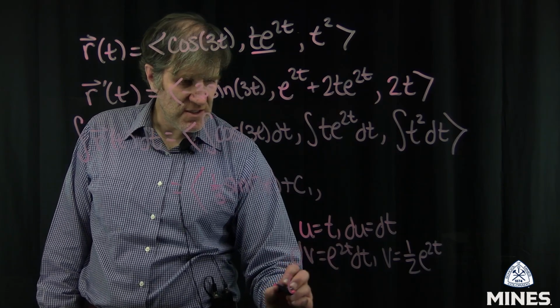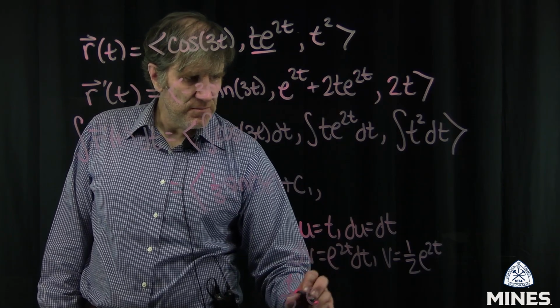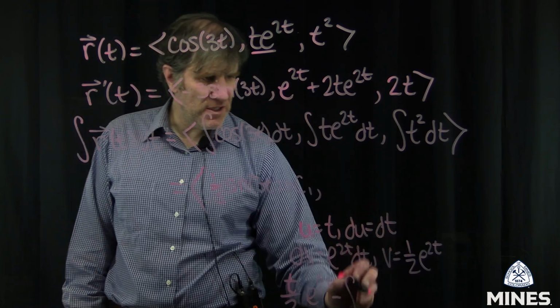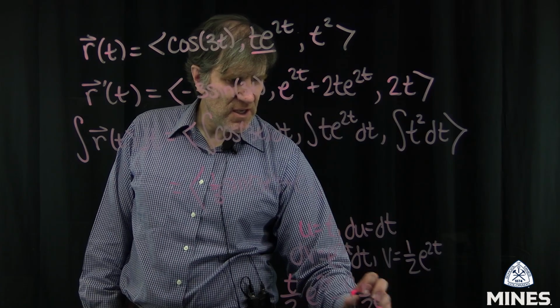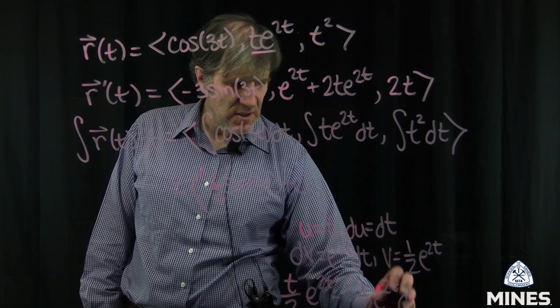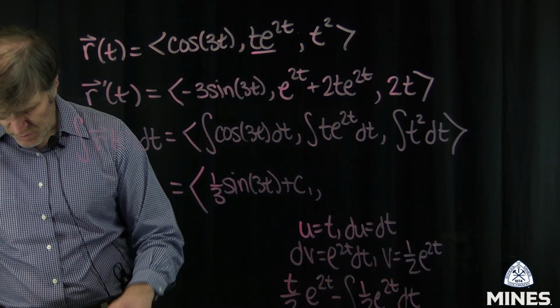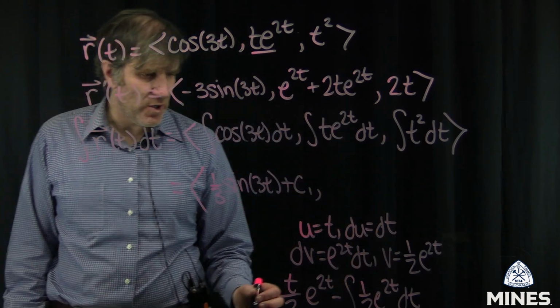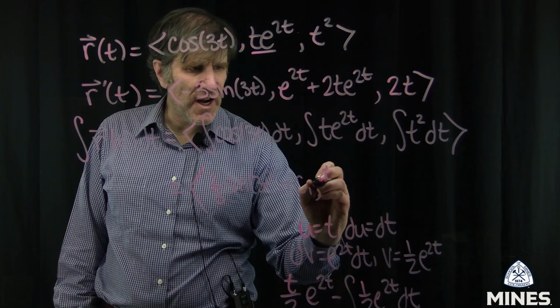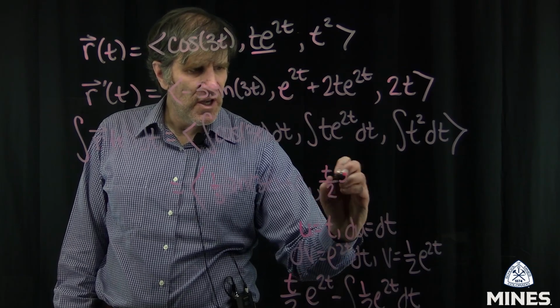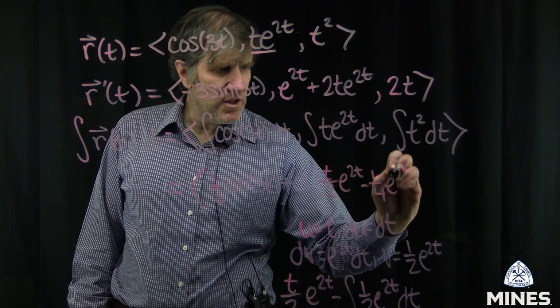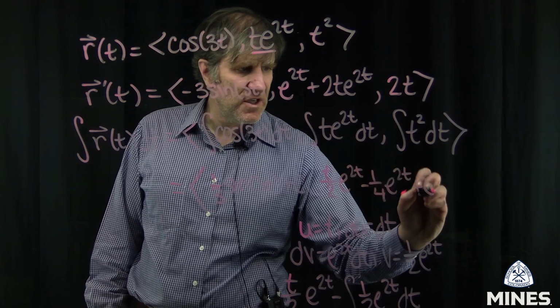So that's t over 2 e to the 2t minus the integral of 1/2 e to the 2t dt. I can do that integral. I'm going to put the answer in the slot for it up here. I have, after integration by parts, t over 2 e to the 2t minus 1/4 e to the 2t plus c2.